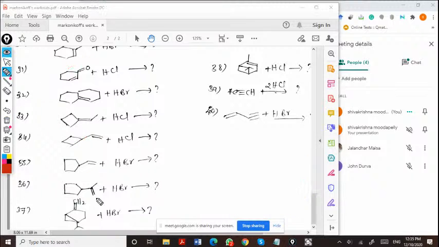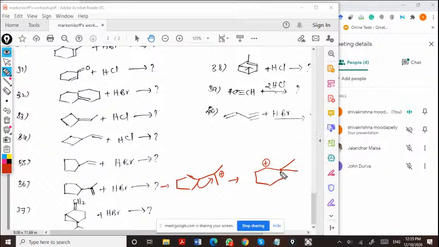Next one. So again there is a carbocation generation at tertiary. Okay. So here again ring expansion is going to happen. And this carbon which is next to the 2 methyl groups gets carbocation.